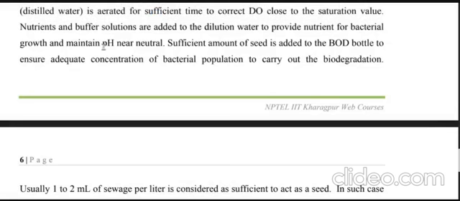Sufficient amount of seed is added to the BOD bottle to ensure an adequate concentration of the bacterial population to carry out the biodegradation. So we call this the seed.